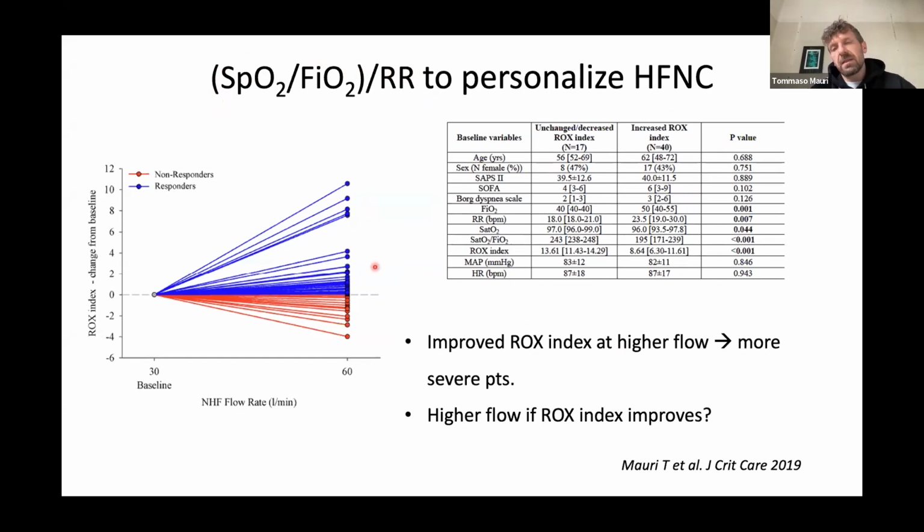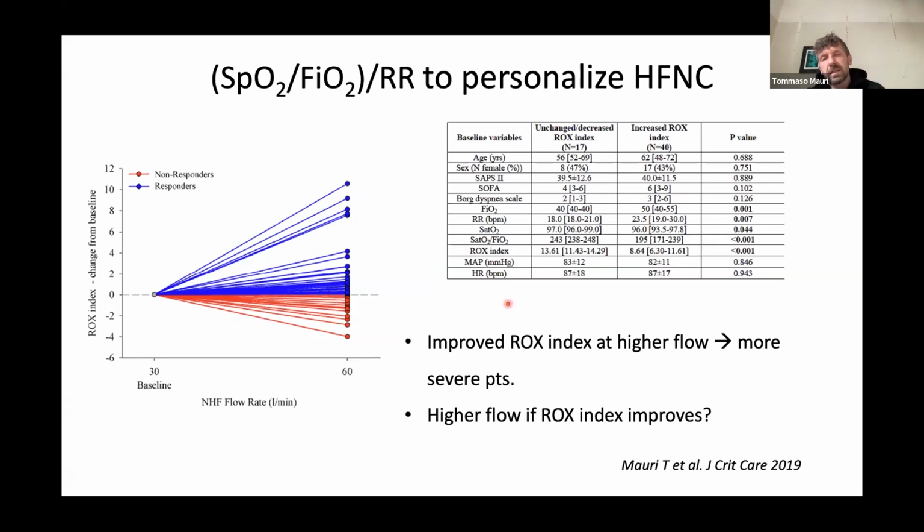And we showed that if you increase flow and the ROX index improves, actually that patient probably benefits from higher flow and from high flow itself. In fact, if you increase the flow and the ROX index remains stable or decreases, it means that the patient may not need the therapy, doesn't have much benefit from that therapy.